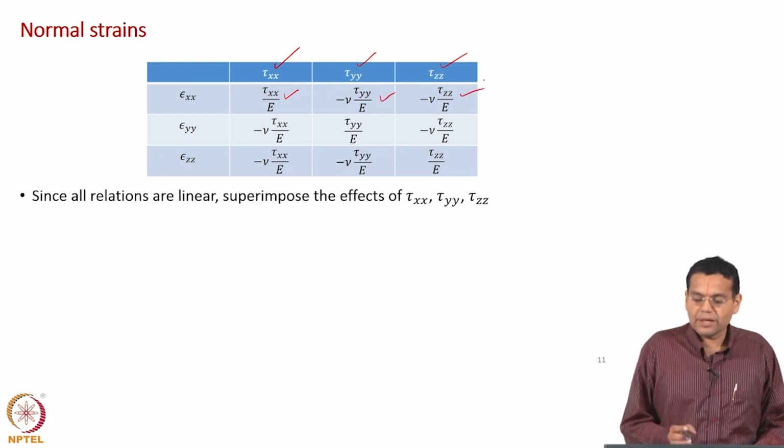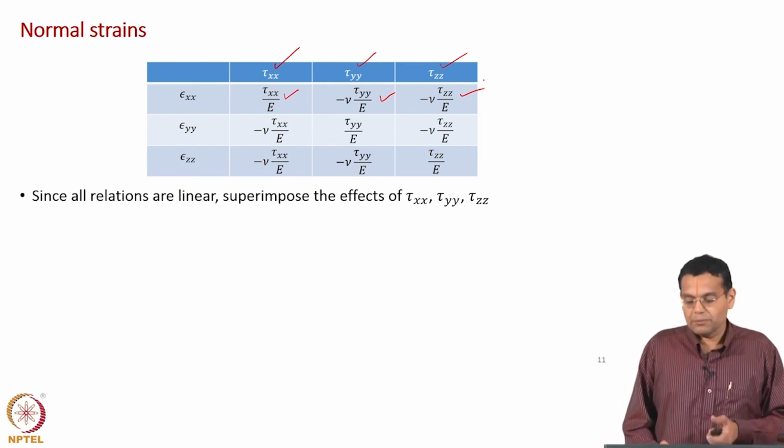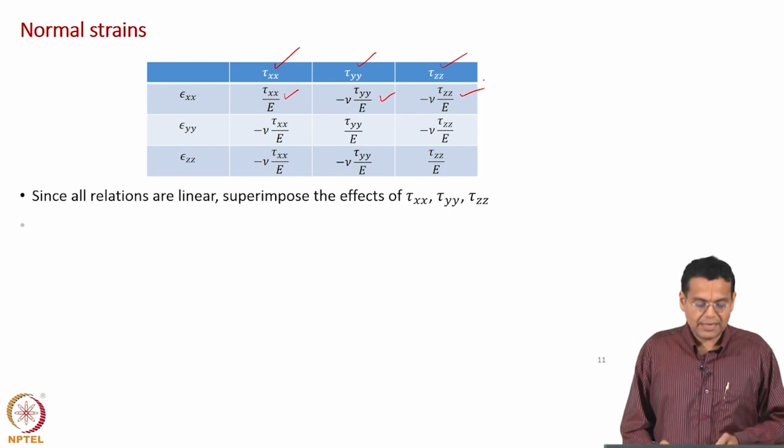Now, we are just going to add. When is it possible? Because they are linear relationships, and that is why we are able to just add them, or more formally we can say superimpose. So, that is why, since all relations are linear, we superimpose the effects of tau xx, tau yy, tau zz. That is the meaning of this addition.